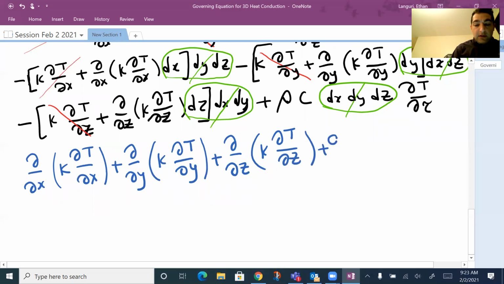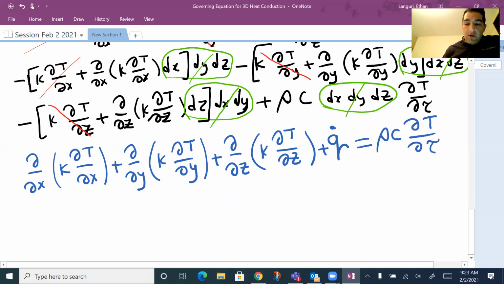I'm going to keep the heat generation term there, and I'm going to keep an equal sign, and keep the rho c del T over del t on the right-hand side. So I have density, specific heat capacity, variation of temperature by time, rho c del T over del t.